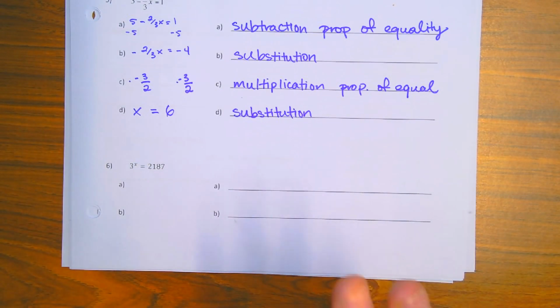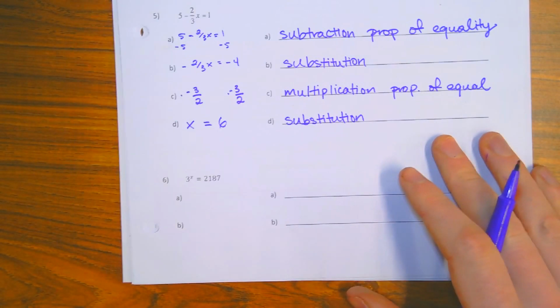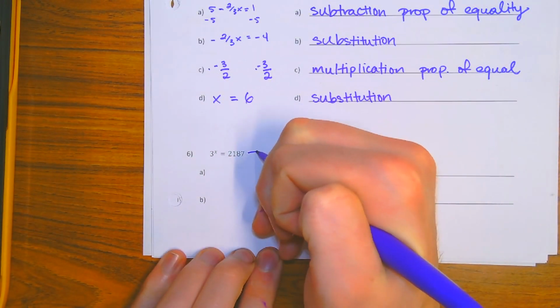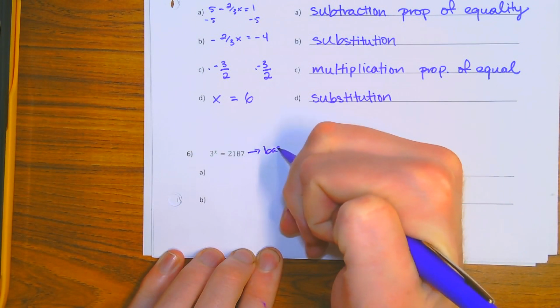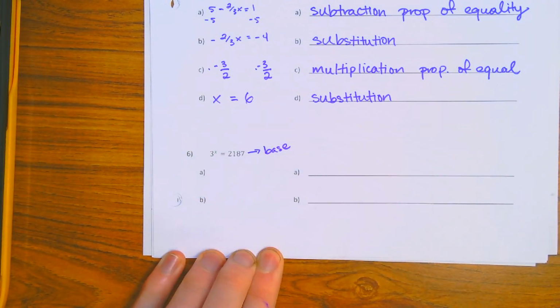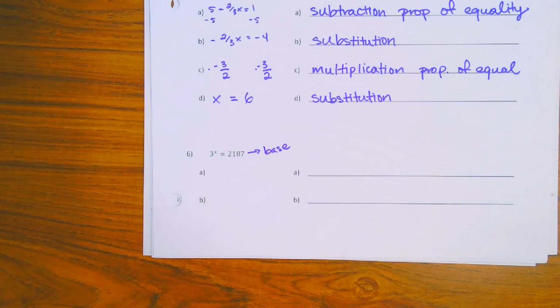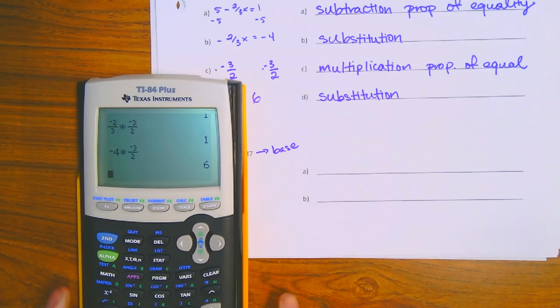Okay? So, we need to go back to our previous section where we talked a little bit about how to find exponents. So, you guys can recall, what base am I working with here? Well, I'm working with base 3, because that's a 3 over there. Okay, and we need to be able to get that all the way so that 2187 and 3 have the same base. So what do I do? I get out my calculator and I start typing.